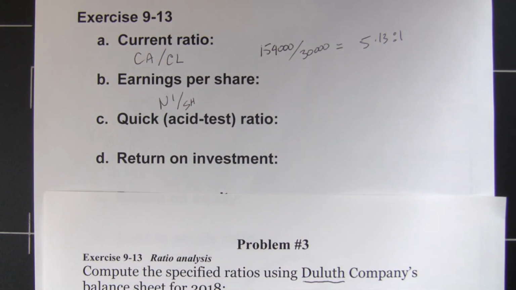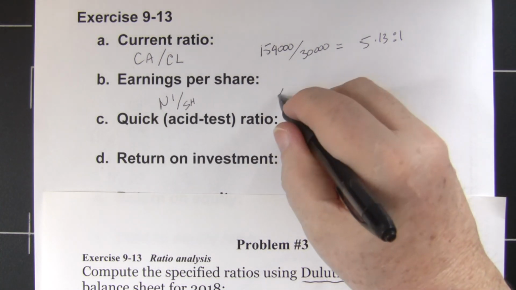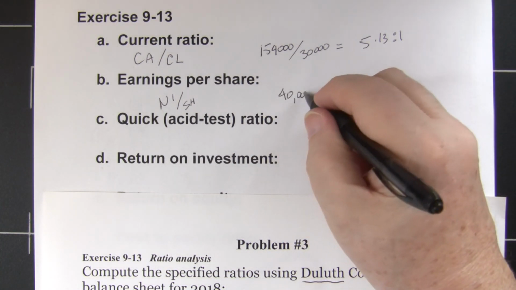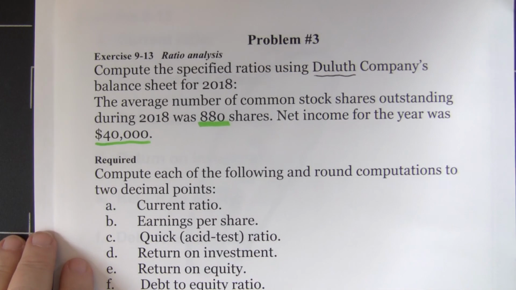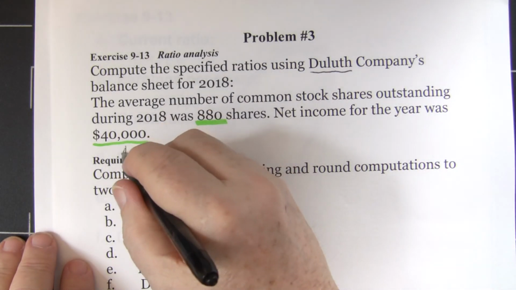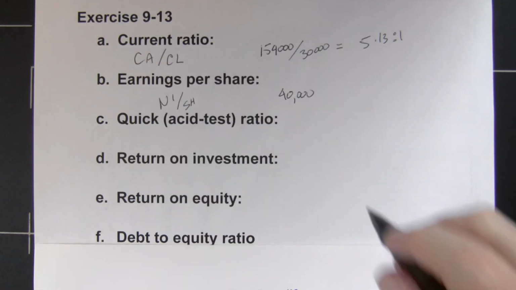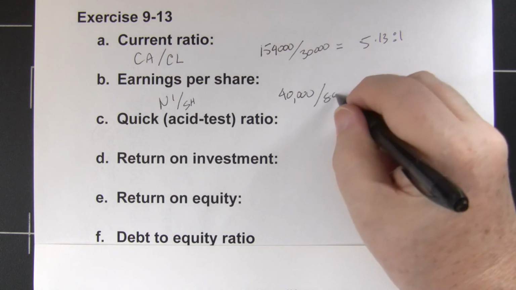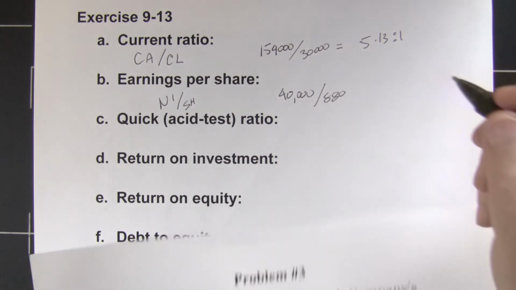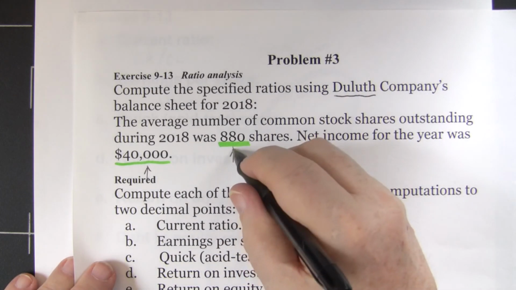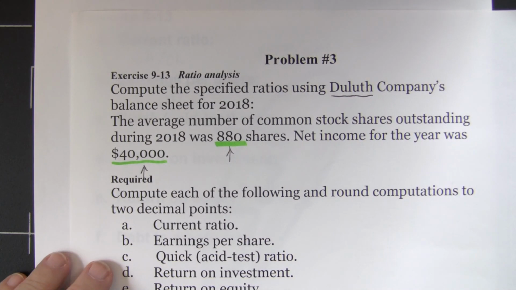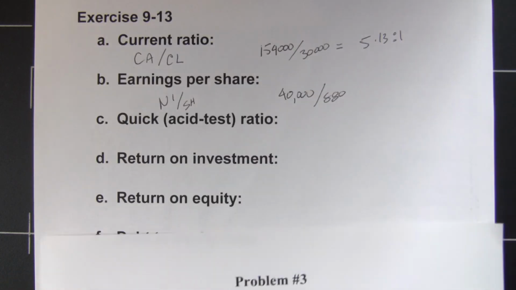So we have $40,000 in net income right here. We have 880 shares right there. Do the calculator dance.